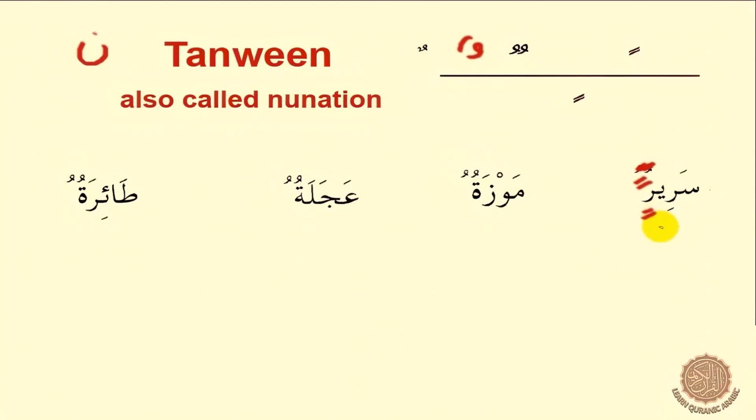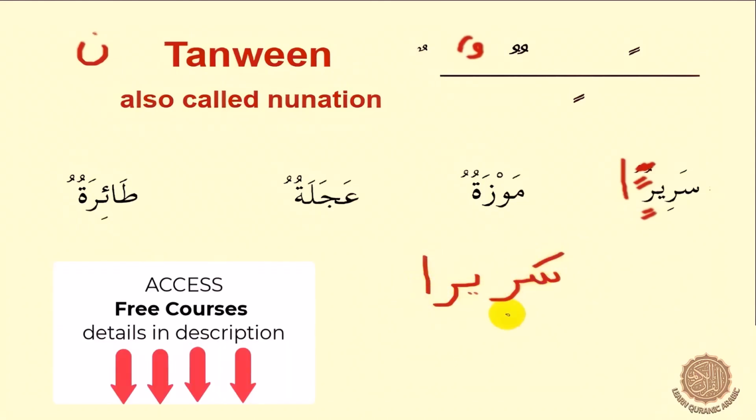Now one thing to note, with the two fathas, in most words, you'd put an extra alif. So let's just write sarir out. It'll be sariran.